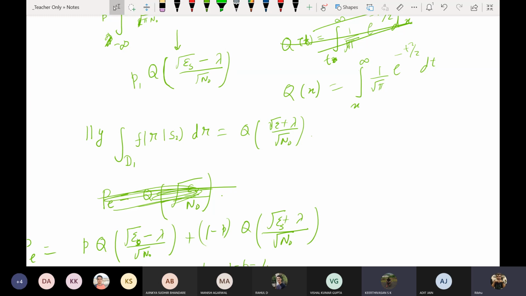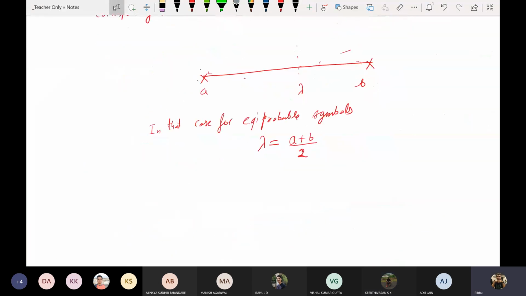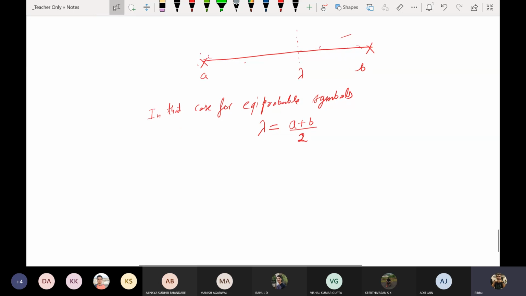But that's not simply the point. I could have done this for a general A, B, and that would have made things a lot messier. The point here is that the optimal lambda is A plus B by 2, which you can obtain by doing all those tricks.